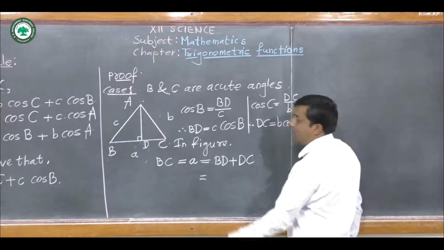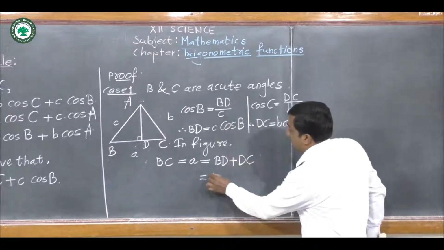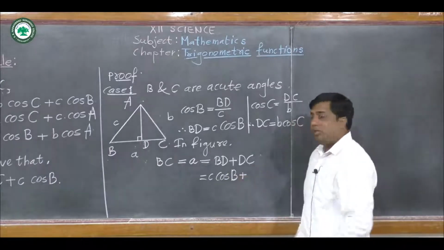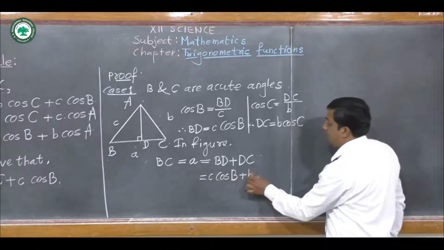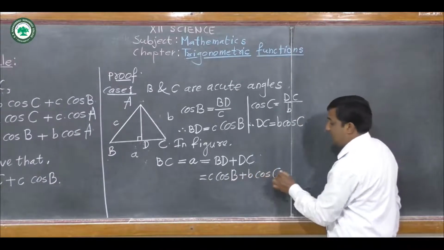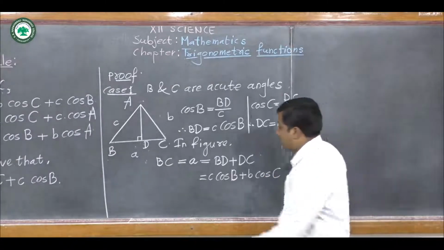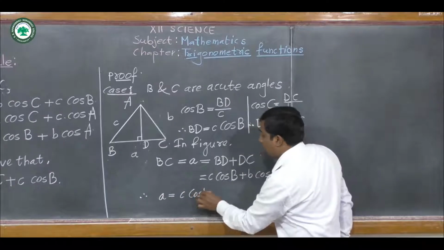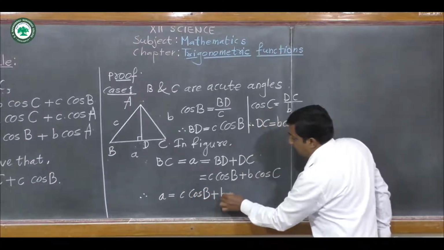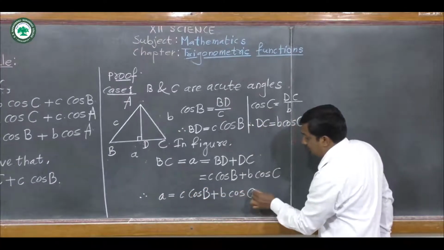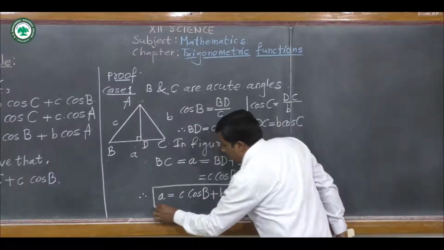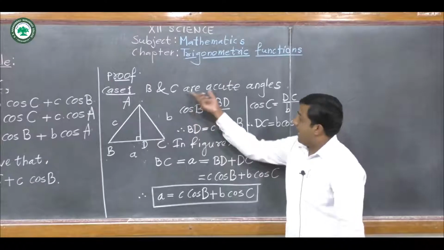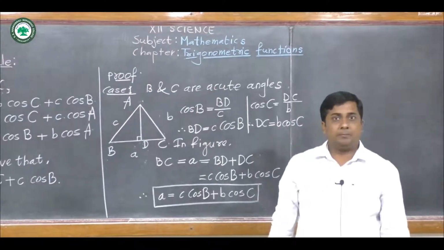We know BD is c cos B and DC is b cos C. So we get our relation: a is equal to c cos B plus b cos C.